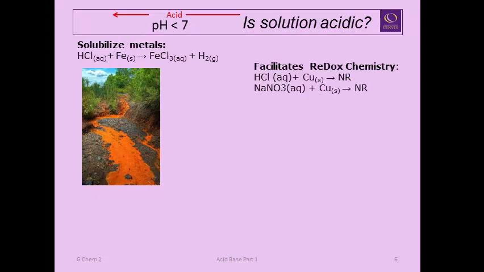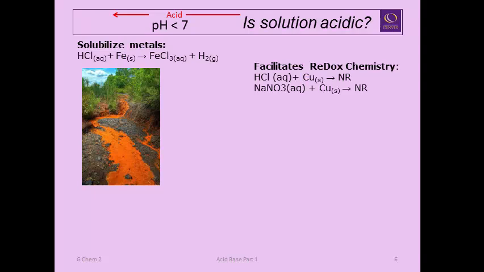Another point I'd make about acidic solutions is that they're often influential in redox chemistry. So a lot of oxidation reduction reactions, which consequently is what this was here, but I'm going to give you another example. A lot of oxidation and reduction reactions require that they take place in an acidic environment.